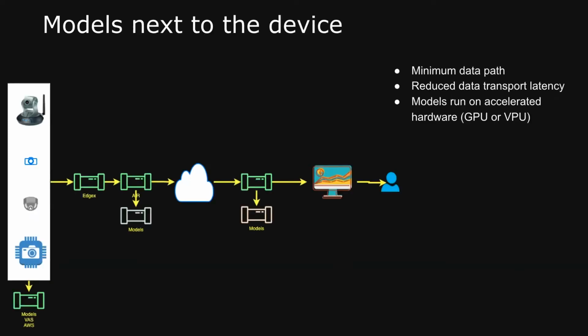To reduce the data path further, models can actually be run next to the devices, like companies such as AWS provide appliances that allow the cameras or your video devices to connect directly and feed that data into the models, and then proceed with the regular path for processing after the model is evaluated.